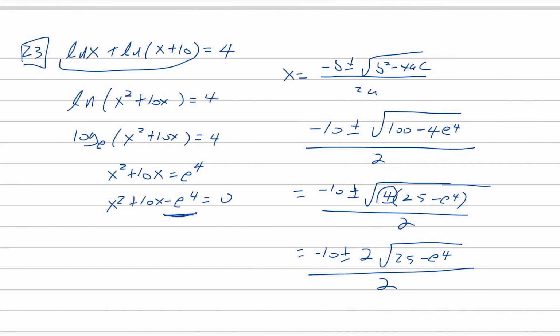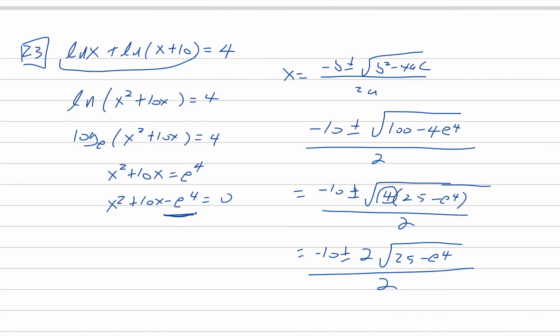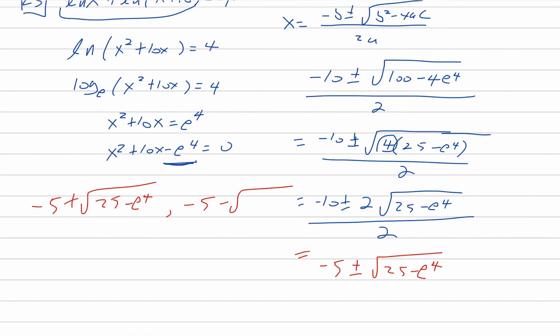And we can simplify, right? Then we get negative 5 plus minus square root of 25 minus e to the 4. So we have two possible candidates for solution. Well, both could be solution, none of them, or one of them.